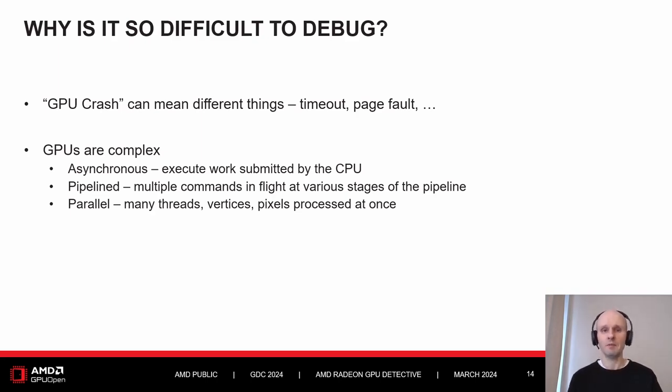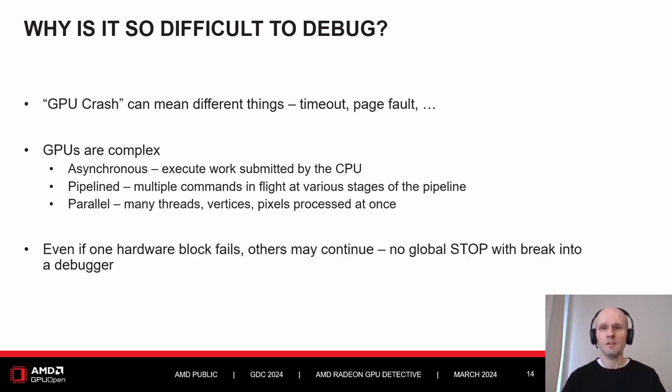They are heavily pipelined, which means we have multiple commands in flight at the same or different stages of the graphics pipeline, and each one goes through many stages. And the GPUs are heavily parallel. There are many threads, meaning many pixels, many vertices processed at once. Finally, even if one hardware block fails, others may continue. There is no global stop and break into a debugger like we do with our CPU code.